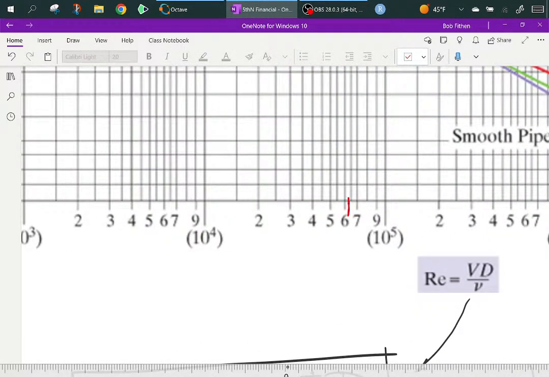So about 640,000 looks like about that way to me.